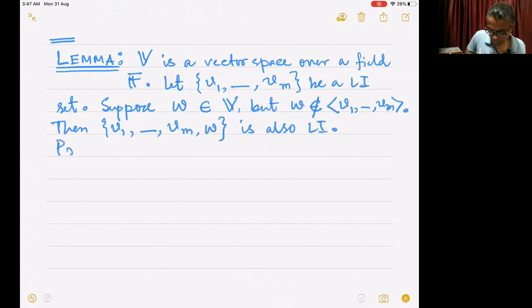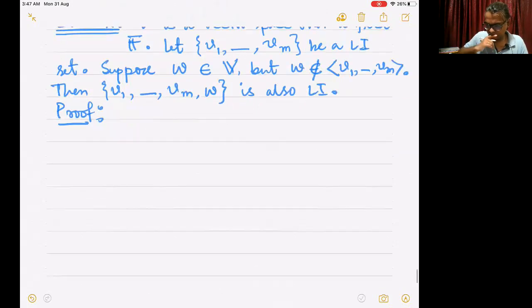Proof. Like all linear independence proofs, we first assume, take a linear combination, suppose it goes to 0, and then show that this linear combination must be the trivial linear combination, which would prove that only the trivial linear combination goes to 0, which would prove that these vectors are linearly independent.